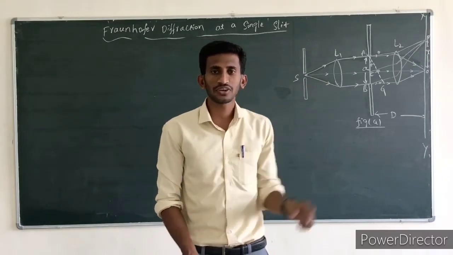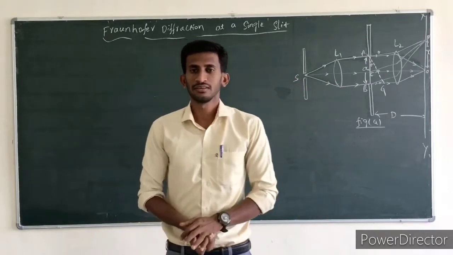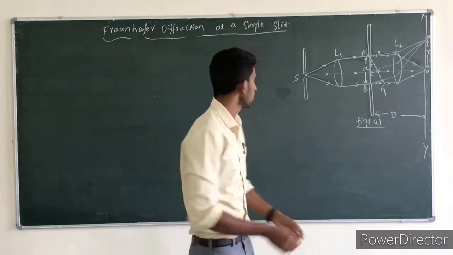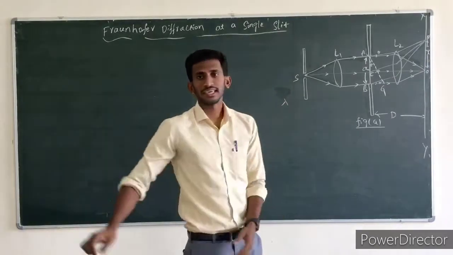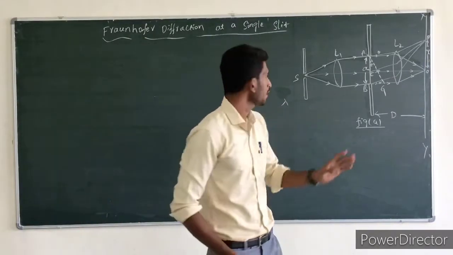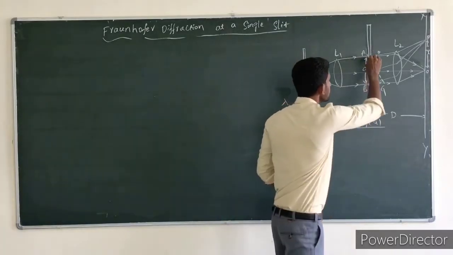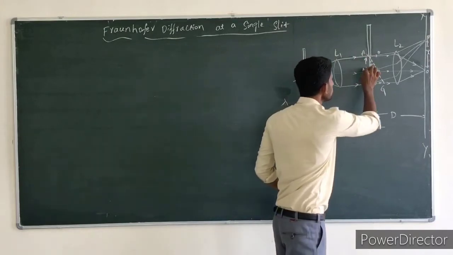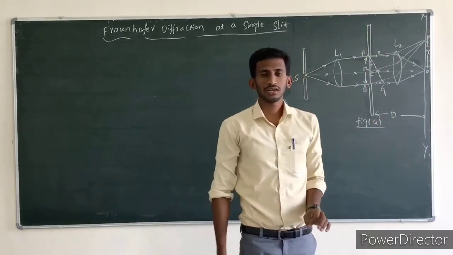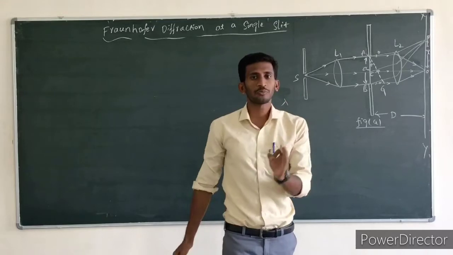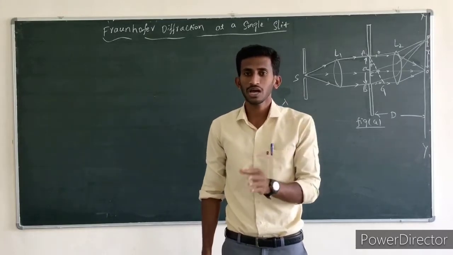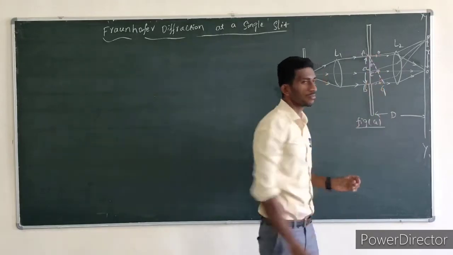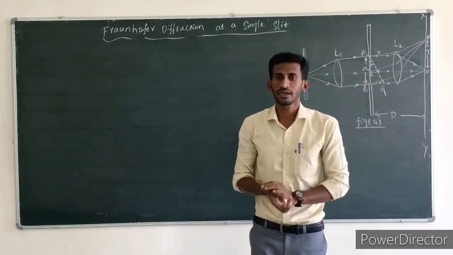So in this Fraunhofer diffraction at a single slit, let a monochromatic light of wavelength lambda be incident normally on this slit AB. The width of the slit AB is small a.